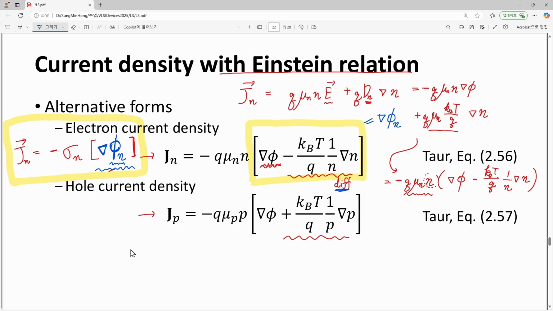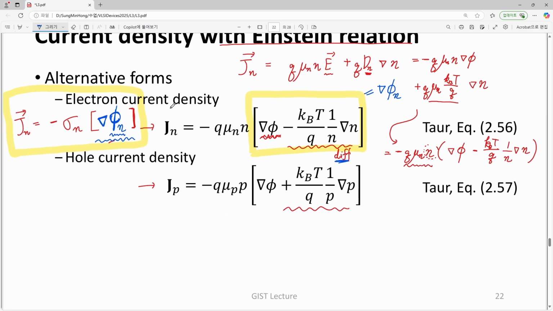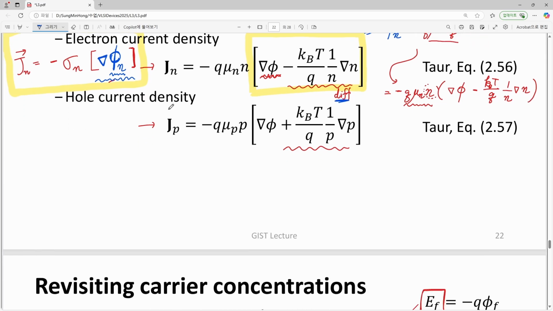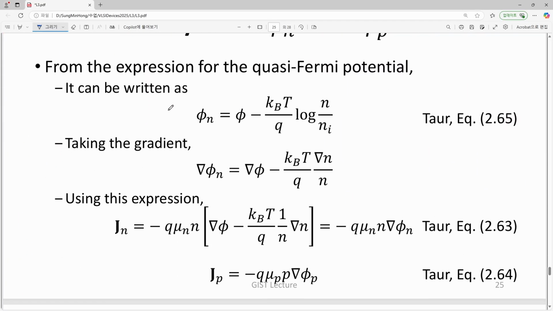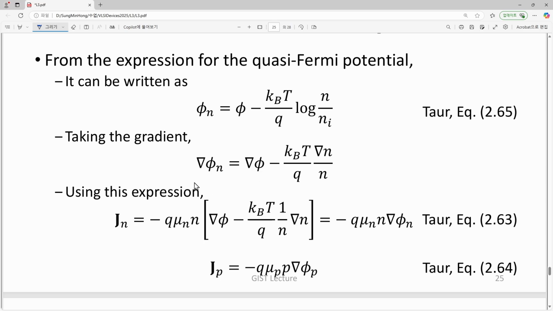Also quite similarly, we can define the whole current density, and now we can define similar quantity. Now gradient of whole quasi-Fermi potential can be regarded as the driving force of our whole movement. That is already shown here. Yes, I just spent some time to derive this expression. So finally, we can write down this way.